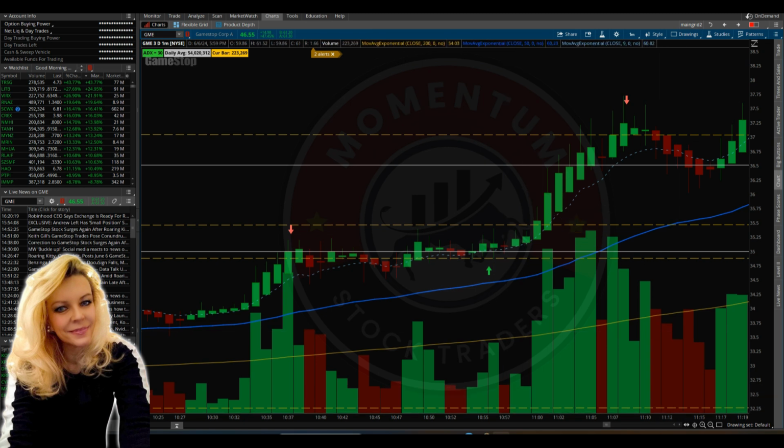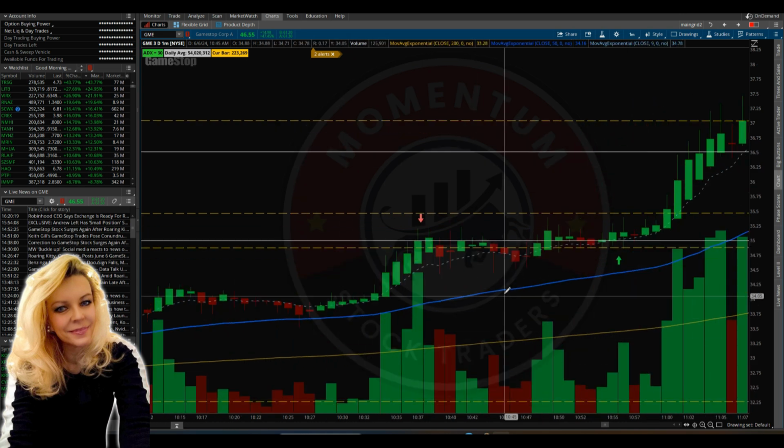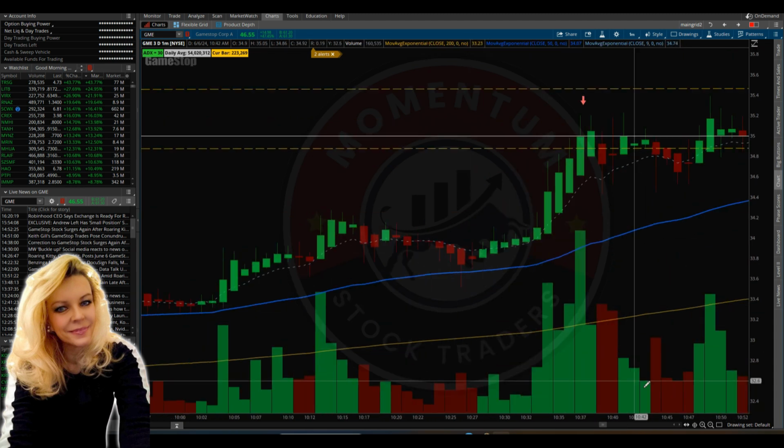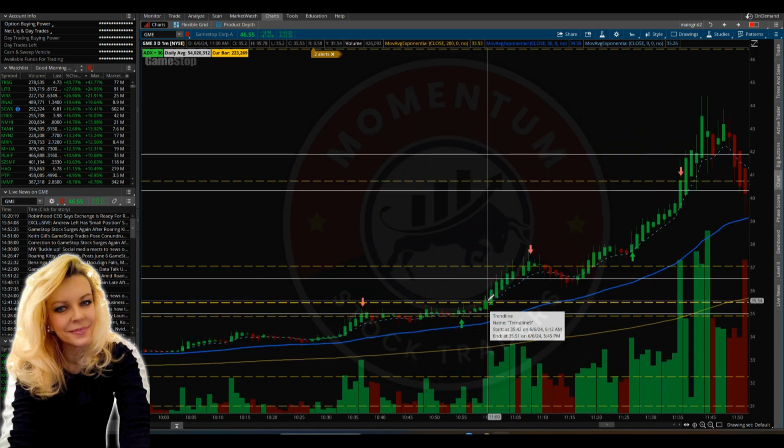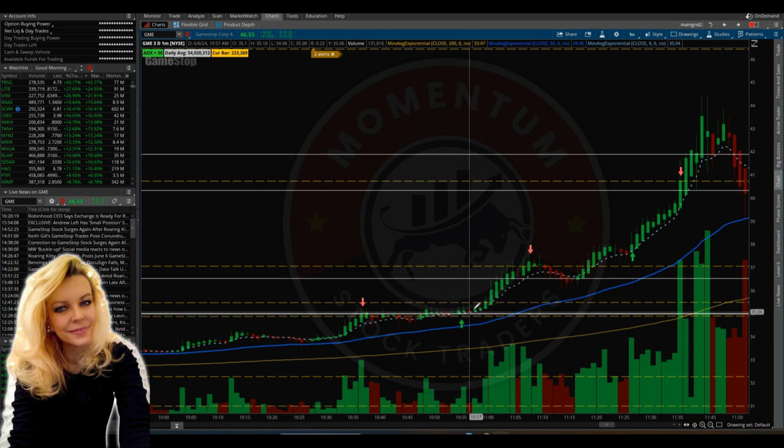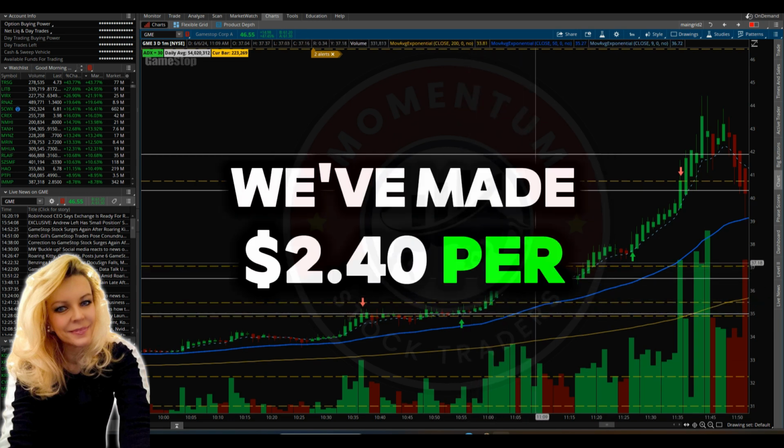So see what I mean by sometimes using the 4-hour chart instead of the tool that plots these lines on here exactly where they need to be? So this down and dirty 4-hour target method will be a little wonky. Sometimes you'll get a little frustrated with the lines that it puts on here. But hey, overall it's not too shabby because so far using this model, we've made $2.40 per share profit.